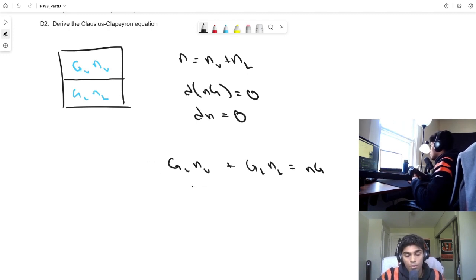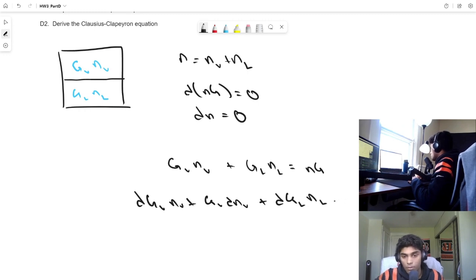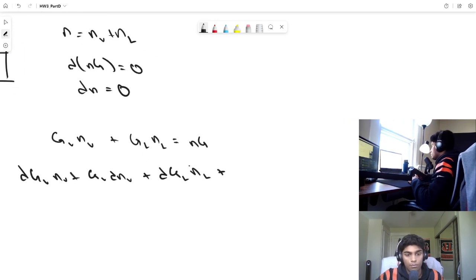So we would have dGV NV plus GV dNV, and we do the same thing for the other side. So dGL NL plus GL dNL, and that's going to be equal to the differential of NG.